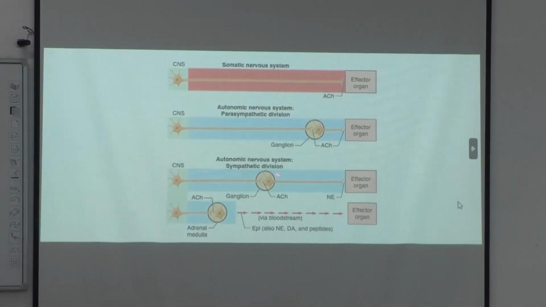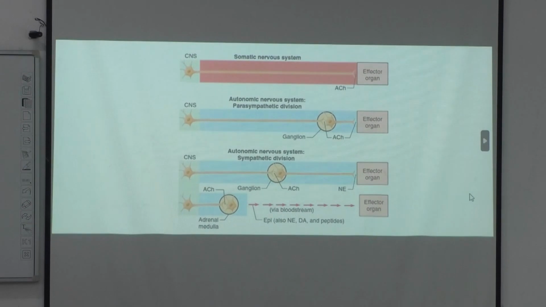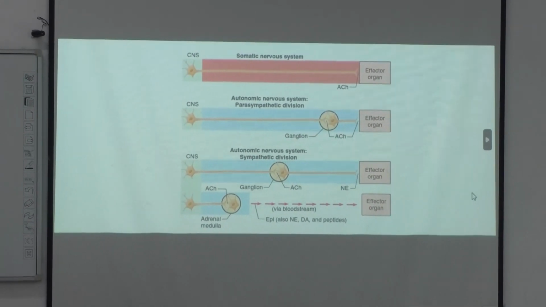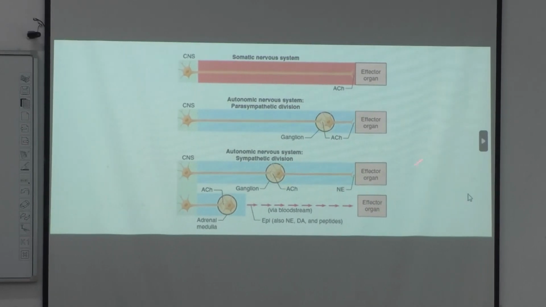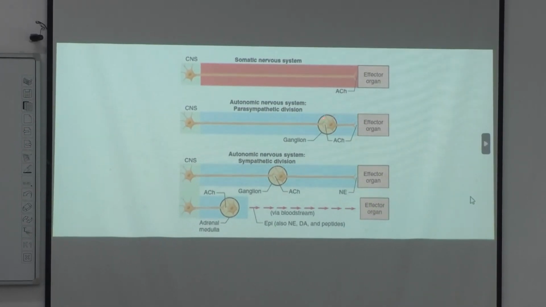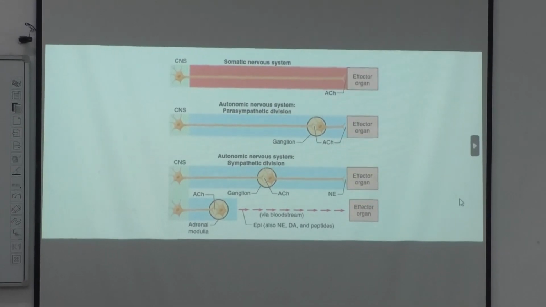Now see, between the parasympathetic and the sympathetic division, what is the basic difference in the structure? What is one which can be seen clearly? See, where is the ganglion located?